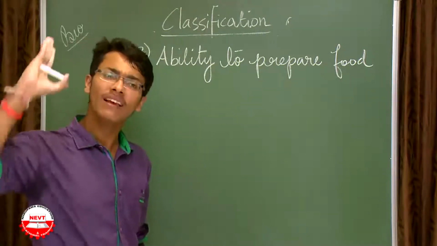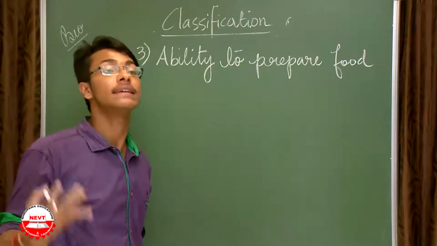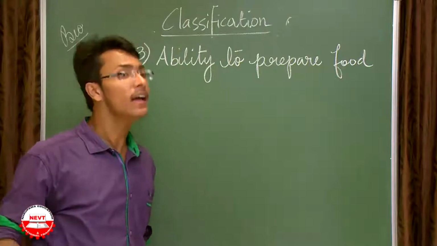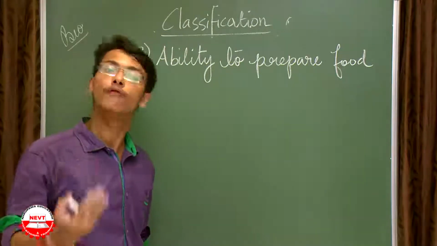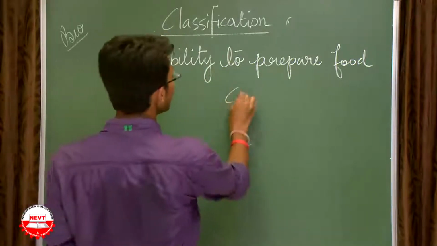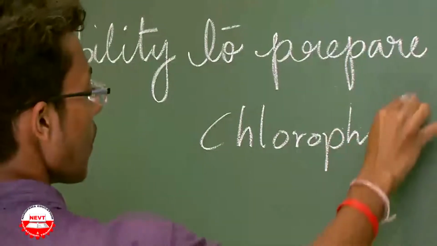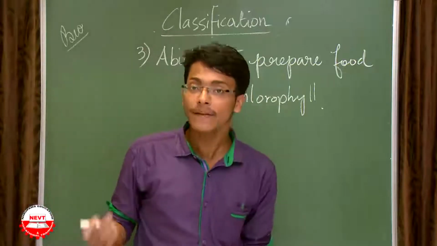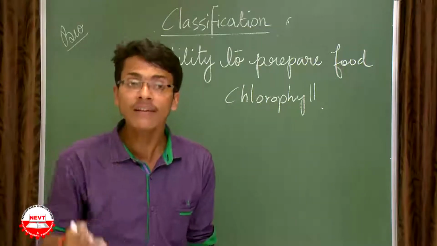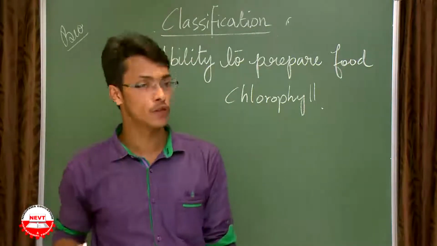From class 5 onwards we are learning that plants are autotrophic, that is they have photosynthetic ability and they can prepare their own food by themselves by means of the pigment chlorophyll. So this is the third basis of classification, whether the organisms are photosynthetic or not photosynthetic.